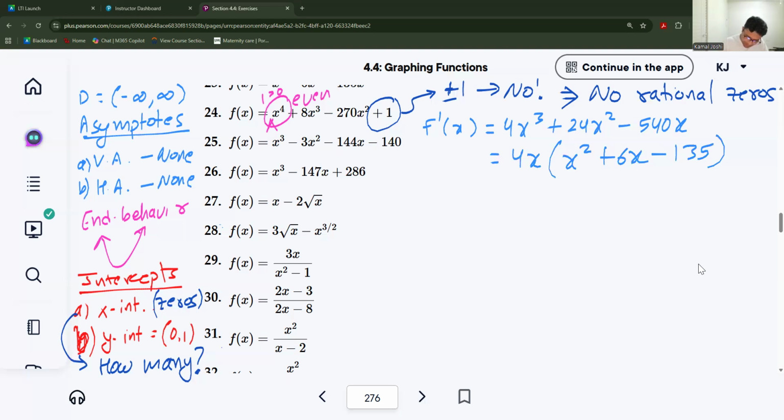Let me write the second derivative in a different color. It will be 12x squared plus 48x minus 540. Let us see if we can factor it. I can say 12 will be a factor here, because earlier we took 4 as a factor from 540 and what remained is 135. 1 plus 3 plus 5 is 9.